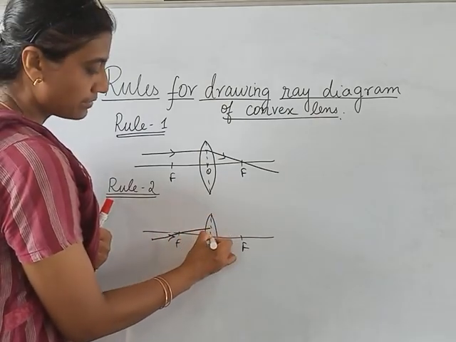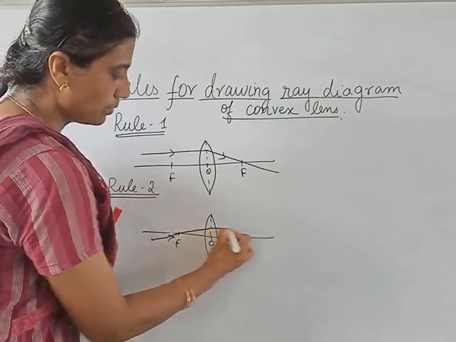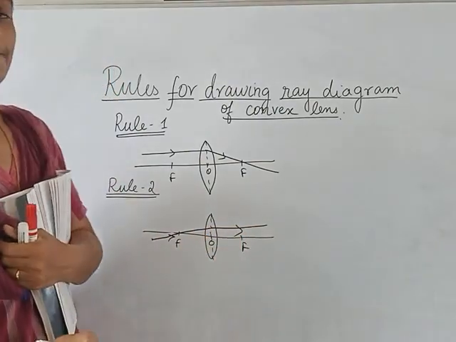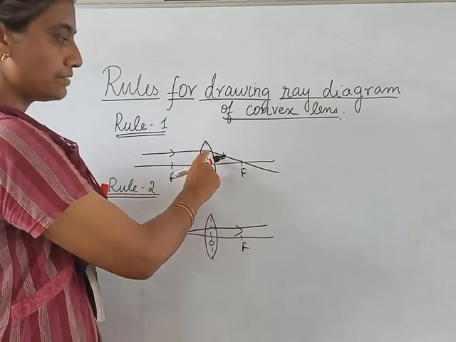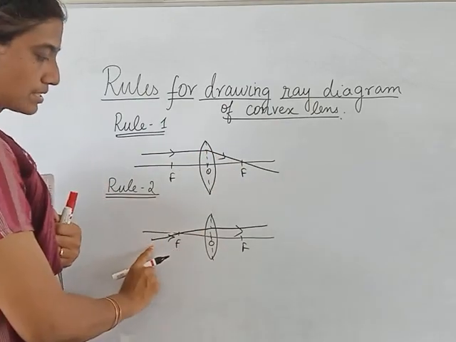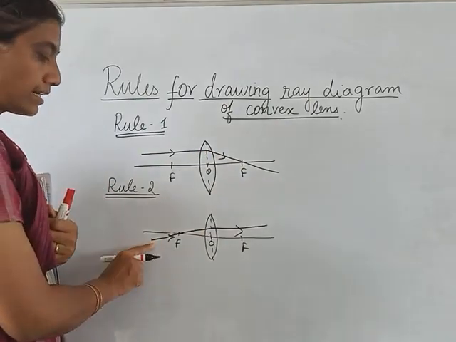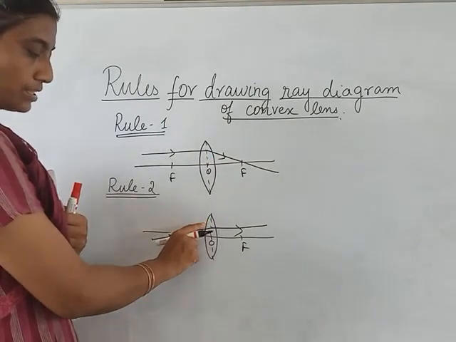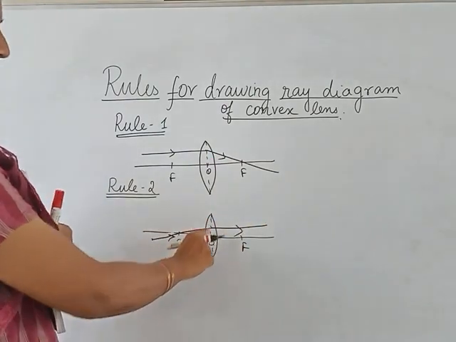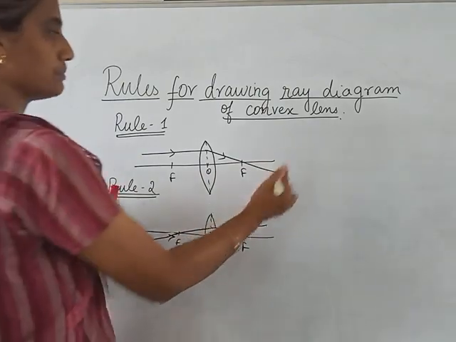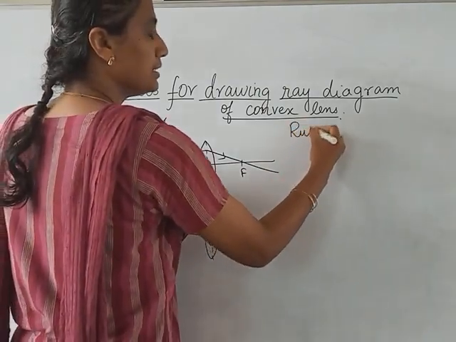Now after refraction, this ray will go parallel to the principal axis. The second rule: any ray coming through the principal focus, after refraction passes parallel to the principal axis.